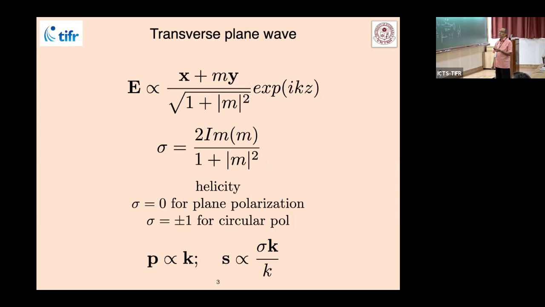Otherwise, if the imaginary part is non-zero, that means it is complex. In that case, exactly in tune with the Debye-Wolf definition, you have helicity of the beam, which you define like this. So sigma 0 means plane polarized light, sigma plus or minus 1 is circularly polarized light, and any other value between 0 and 1 gives you, in general, the standard elliptically polarized light.